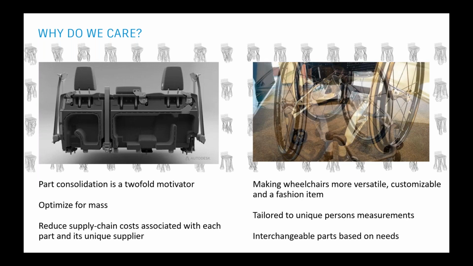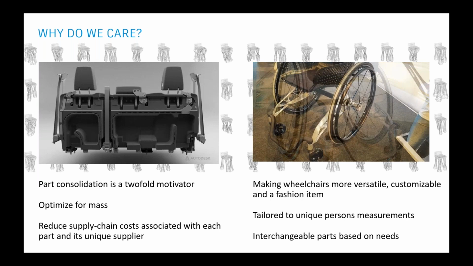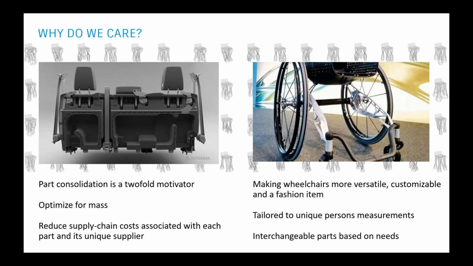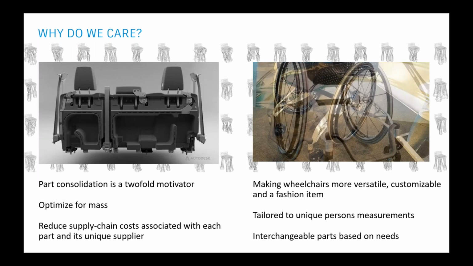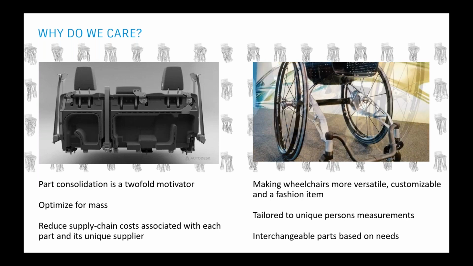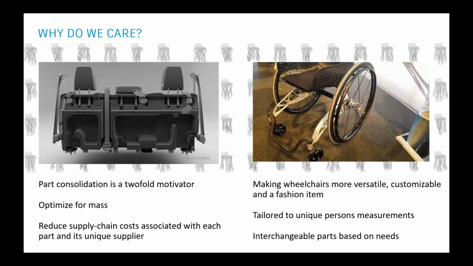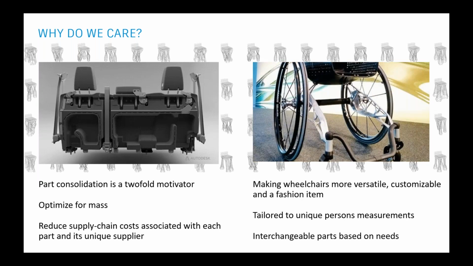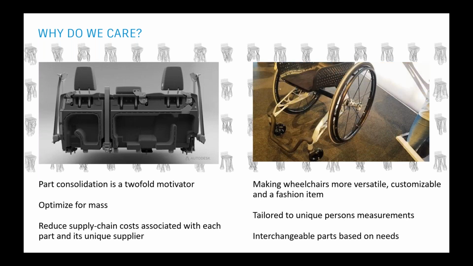So you take a multi-part assembly, make it a single body, and save mass in the process of doing so. The second benefit is reducing your supply chain costs associated with each one of those components of the assembly and its unique supplier, so also tracking fewer components that would go into that assembly.